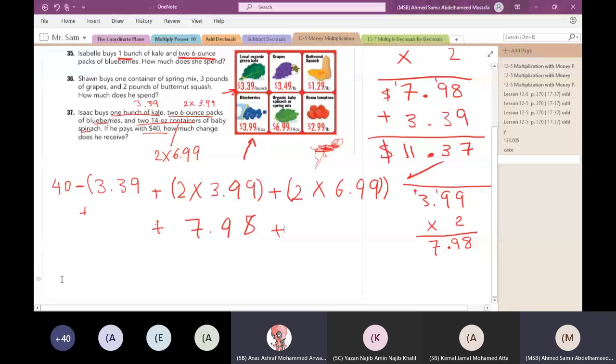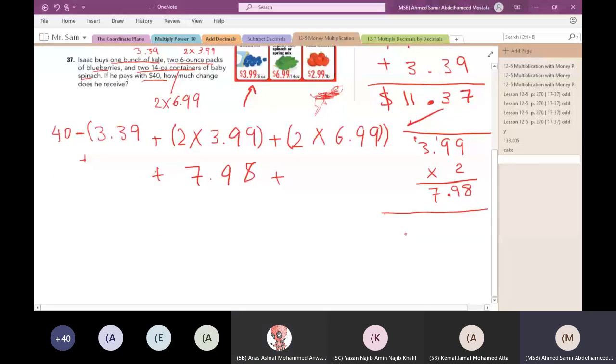So we have here 2 and 9. 2 times 6.99. Sorry, 39, we've done the 99, so we're doing the 39 now. 2 multiplied by 9 equals 18, 8 down and 1 up.